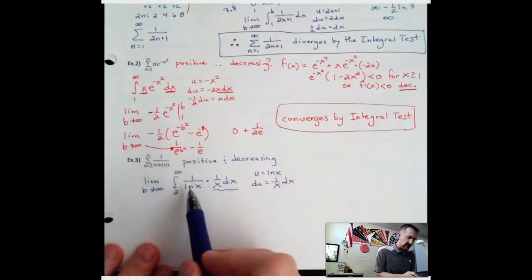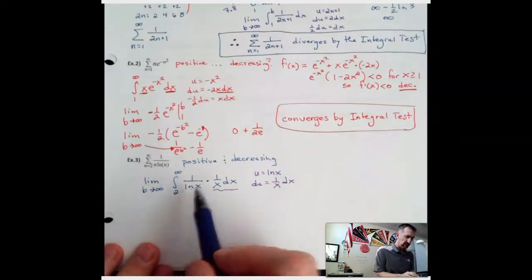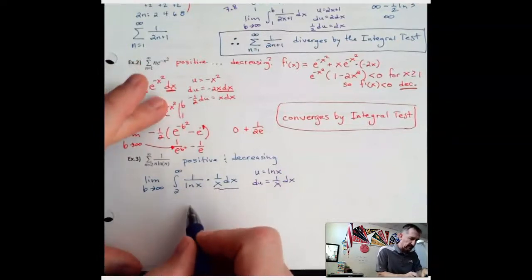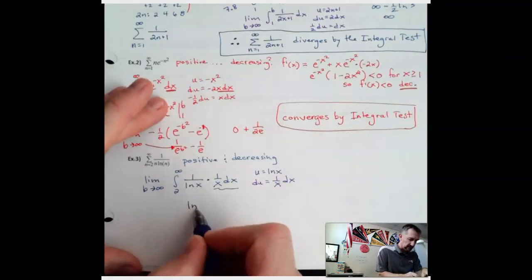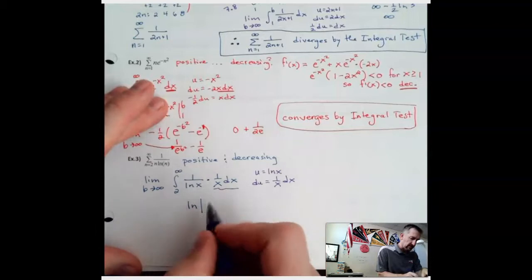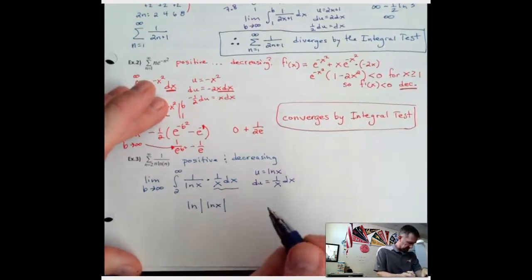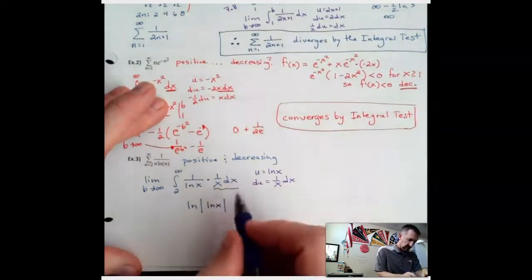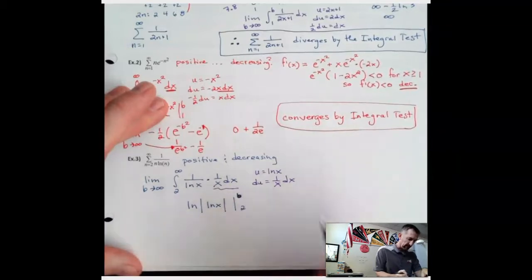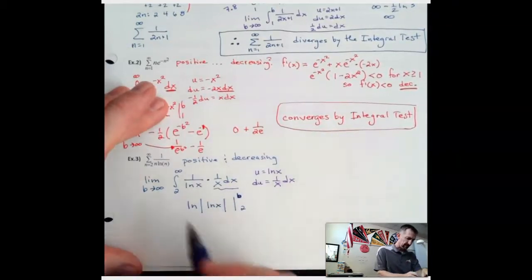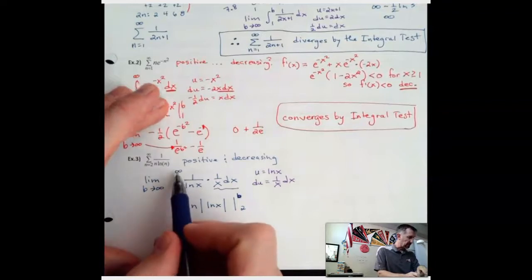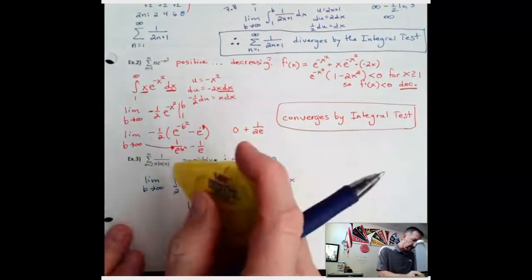So this would be 1 over u, and the integral of 1 over u is the natural log of u. So we'd have the natural log of u, which is the natural log of x, from 2 to b. I should put a b up there also.